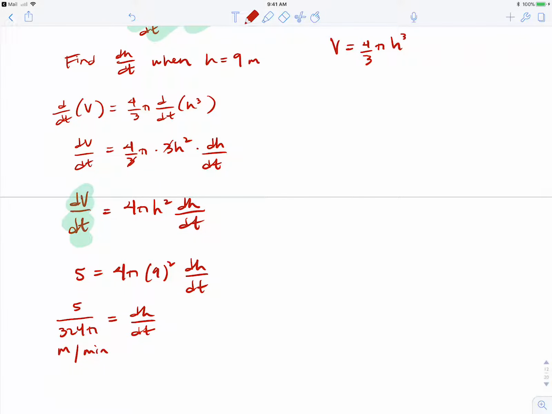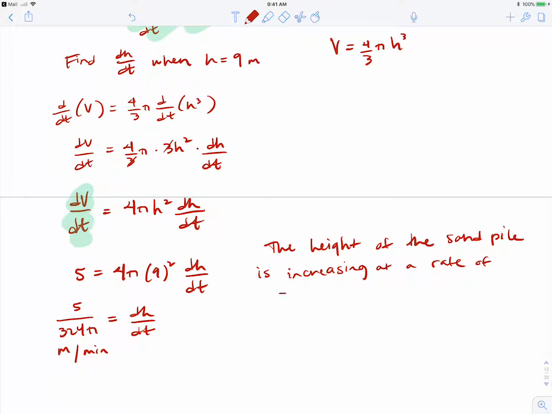So our sentence is the height of the sand pile is increasing at a rate of 5 over 324 pi meters per minute when the height of the pile is 9 meters high.